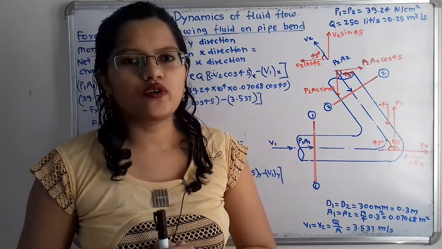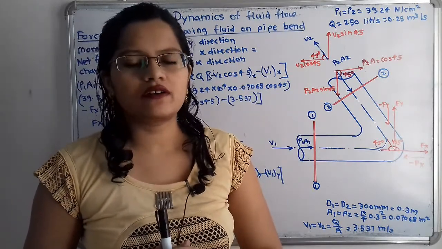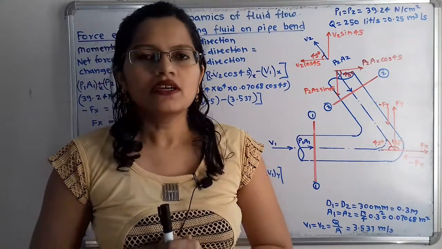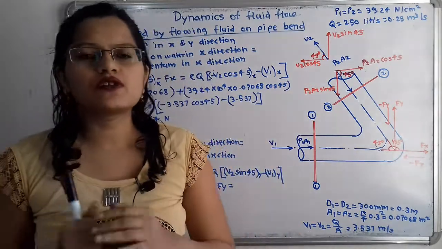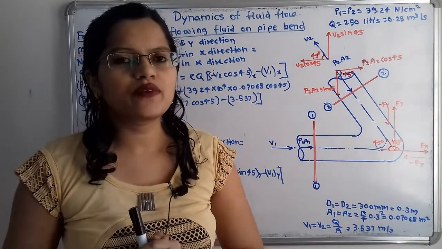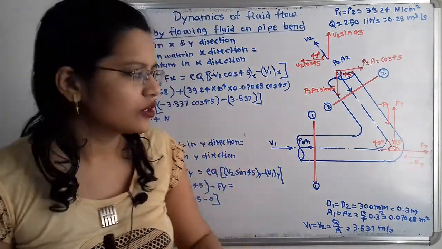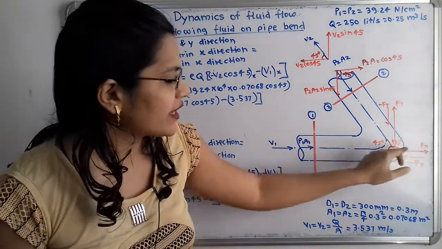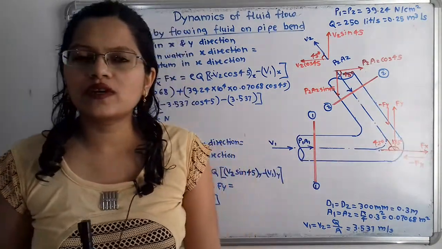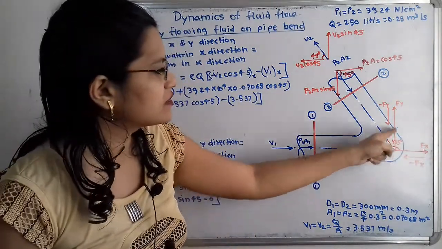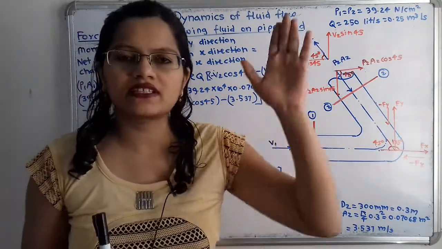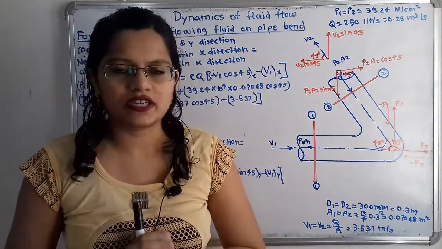Now we have to show the force exerted by water on the pipe bend. This force is also in an inclined direction, so we will show its vertical component and horizontal component. So here is Fx, the direction is towards the right hand side, and here is the vertical component Fy, the direction is upward.